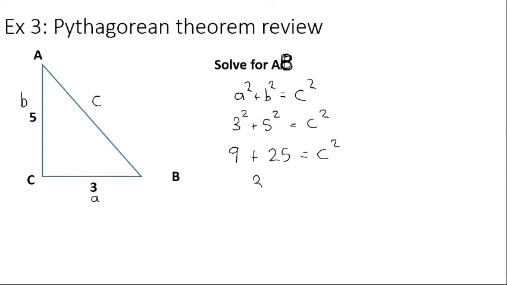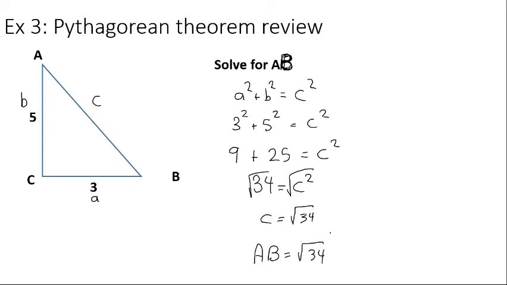So I get 34 equals C squared, and I take the square root of both sides. So here C is equal to square root of 34. And 34 cannot be reduced, so my answer will leave it as a square root. So I'm going to say side AB is equal to square root of 34.